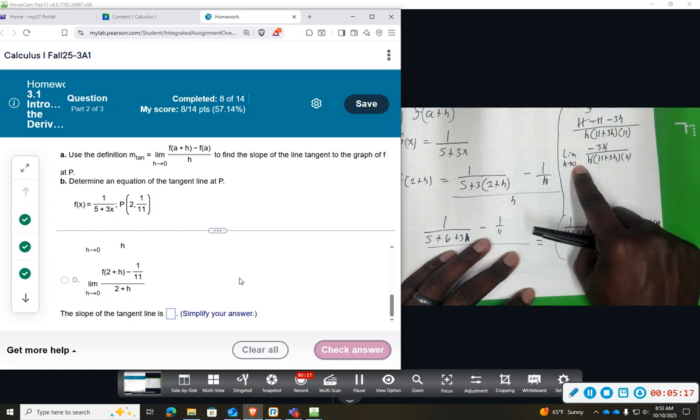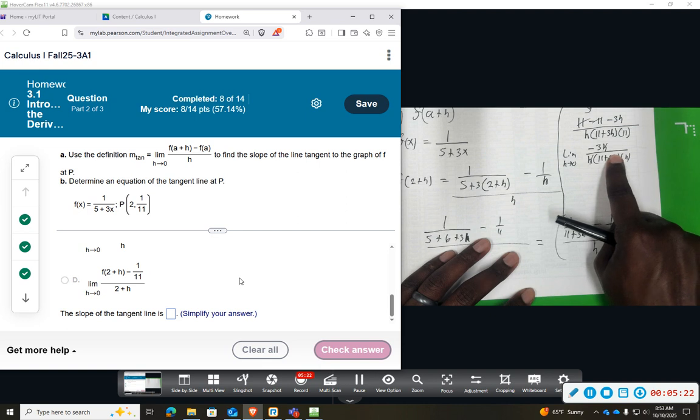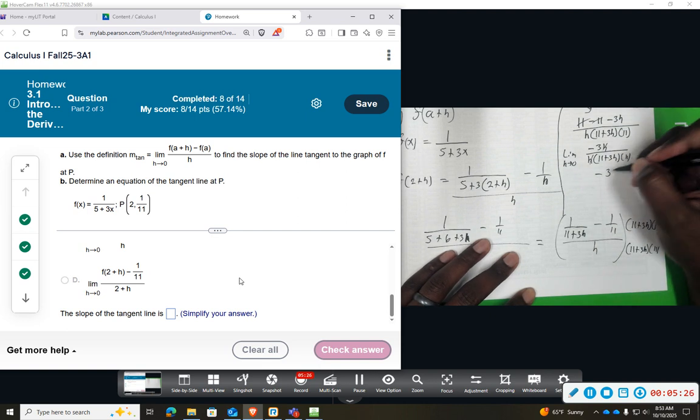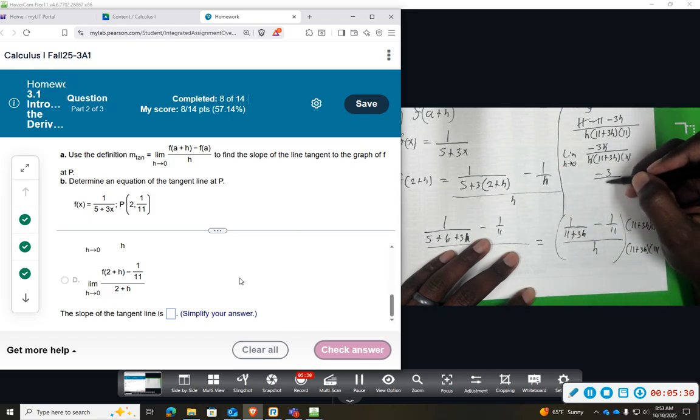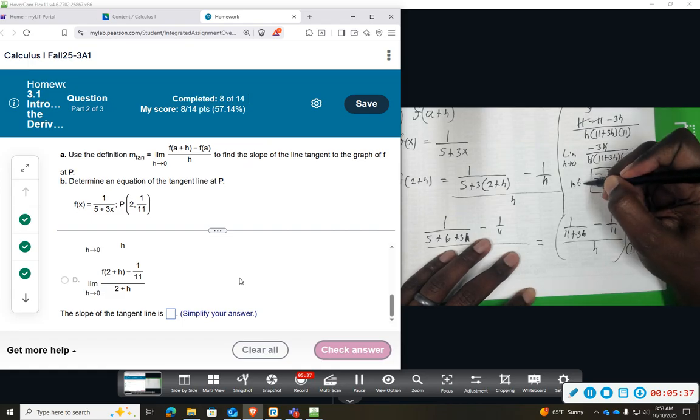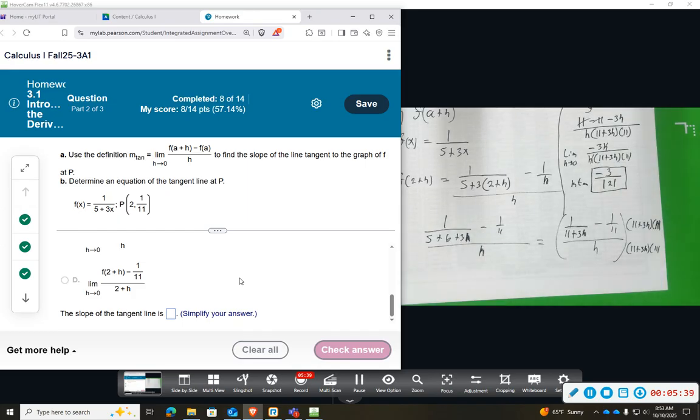So when you plug in direct substitution, 3 times 0 will go away, and that will leave us with 11 times 11. So I have a negative 3 over 11 times 11, which is 121. So negative 3 over 121. This will give us our slope. So this is our m tan.